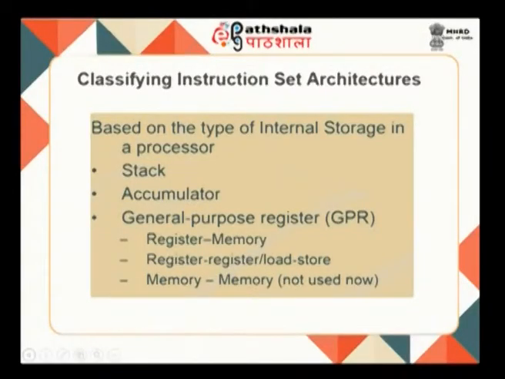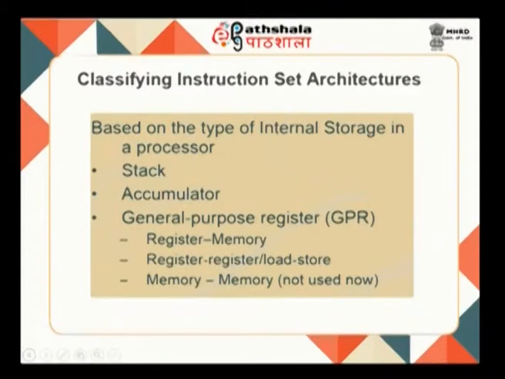The third class of ISA is your GPR based ISAs, where you have three different classifications: a register memory ISA, a register ISA, and a memory ISA, out of which the memory ISA is not used now. Both the register memory ISA and register ISA are very popular, out of which the register ISA or the load store ISA is very popular.